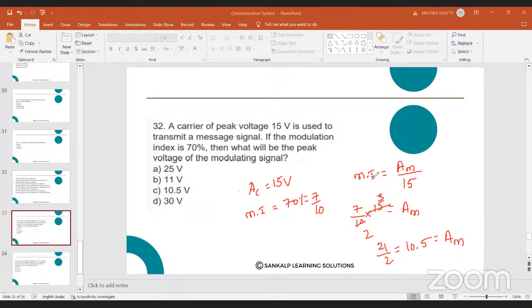Substitute 70%, we will write it as 7 by 10, then multiply this by 15. So whatever is in front of you, option C is correct here. Okay, let us go for the next.